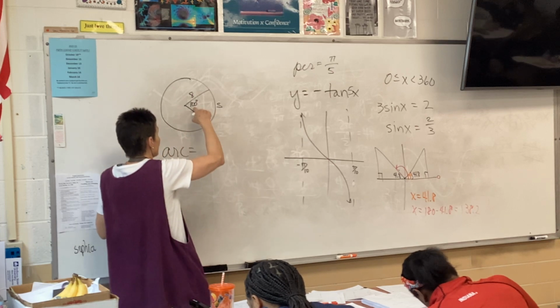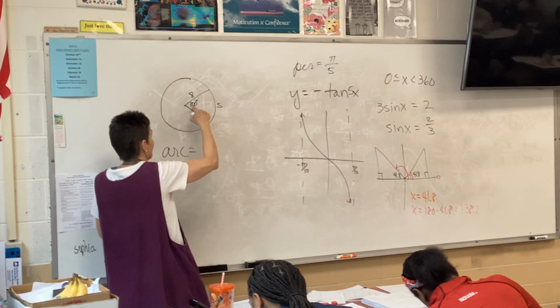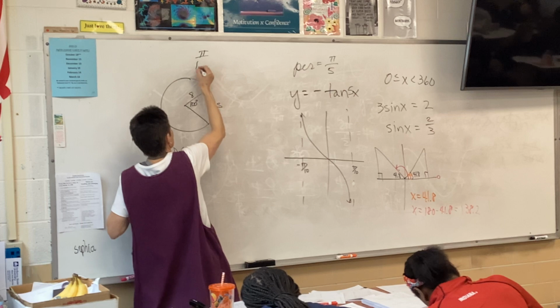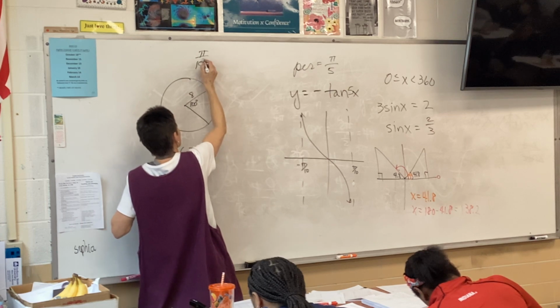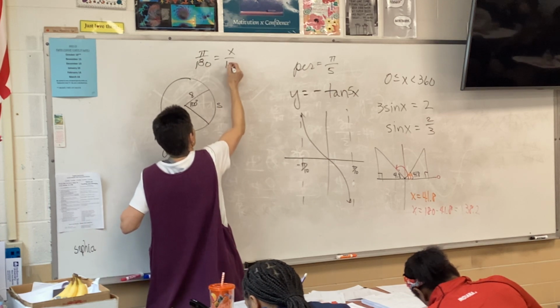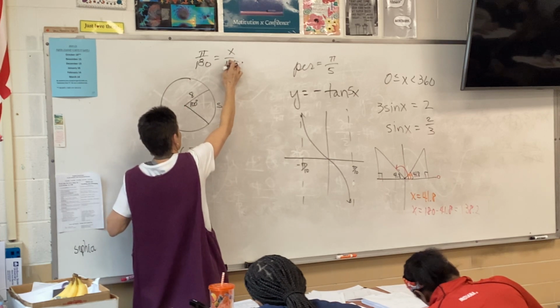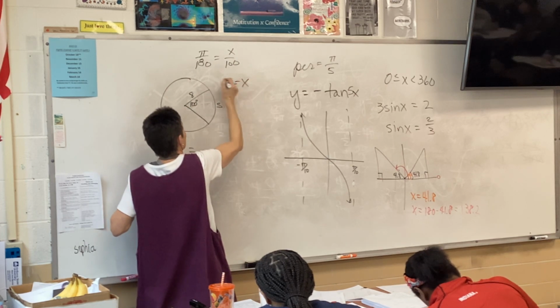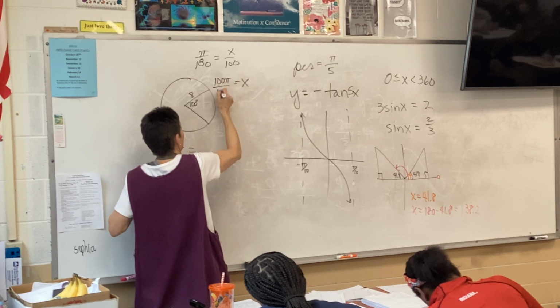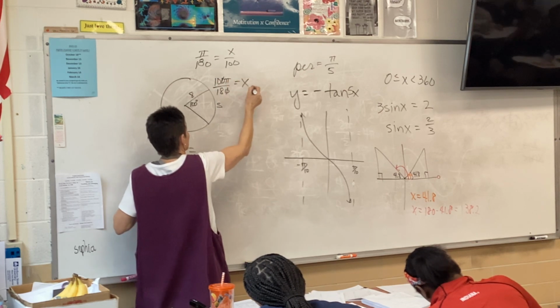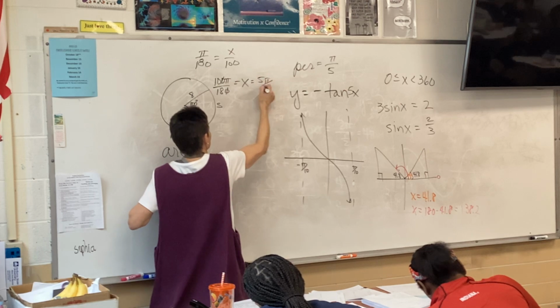So I'm gonna change this angle into radians. Pi is to 180 as x is to 100. So 100 pi over 180 is 5 pi over 9.